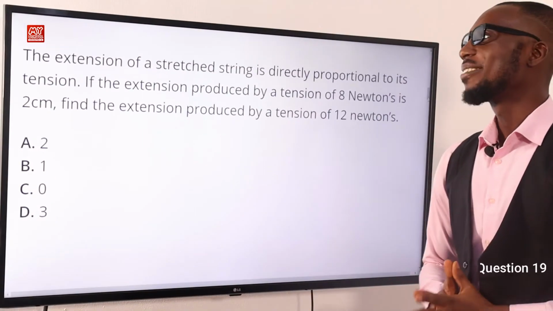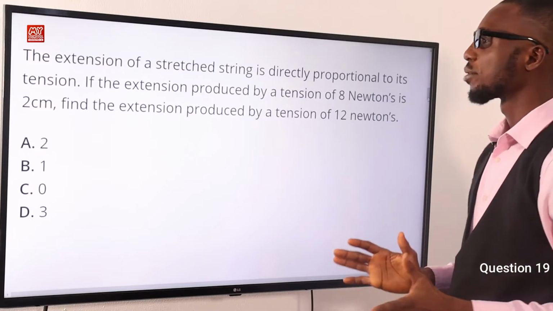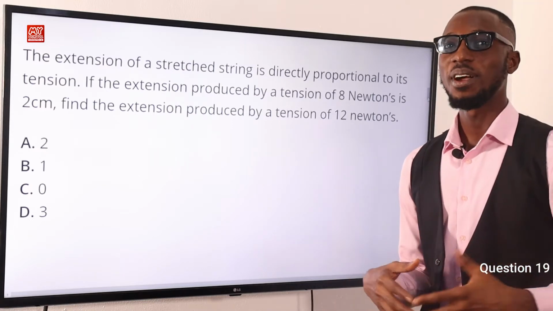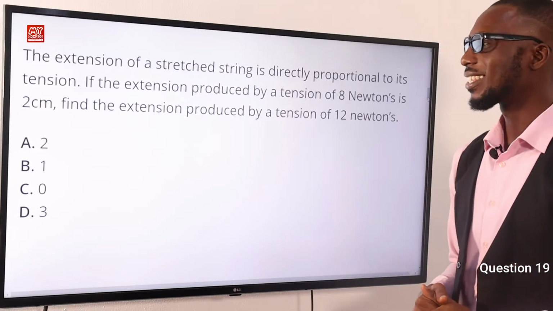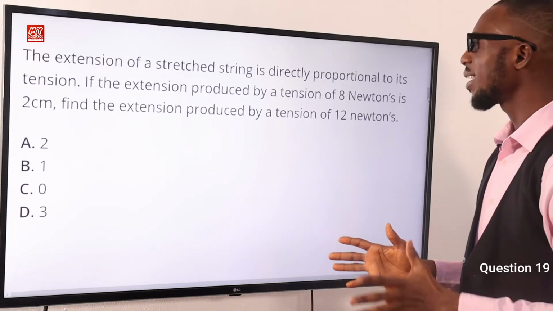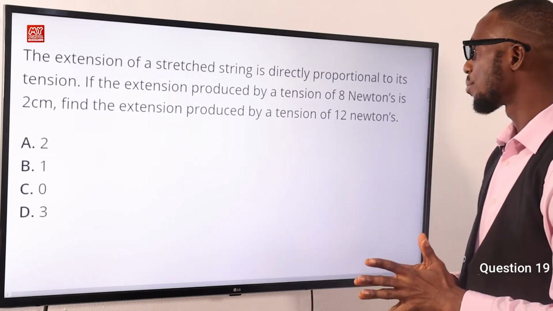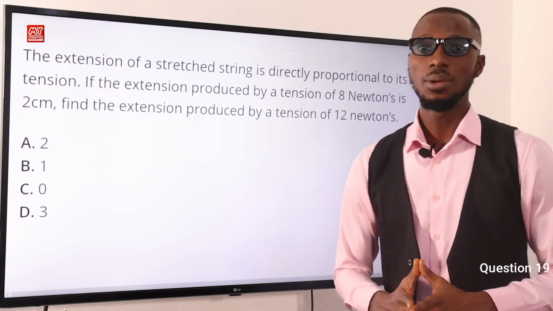Number 19. The extension of a stretched string is directly proportional to its tension. This is telling you about Hooke's law of elasticity. If the extension produced by a tension of 8 Newtons is 2 centimeters, find the extension produced by a tension of 12 Newtons.